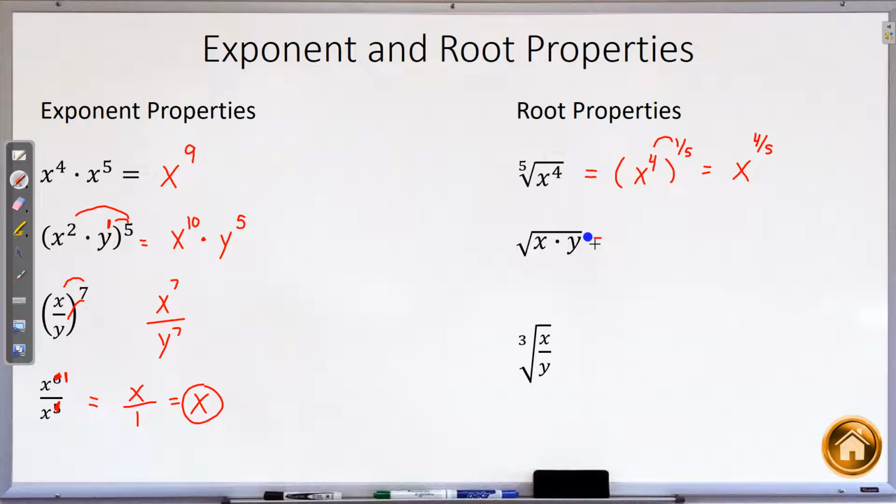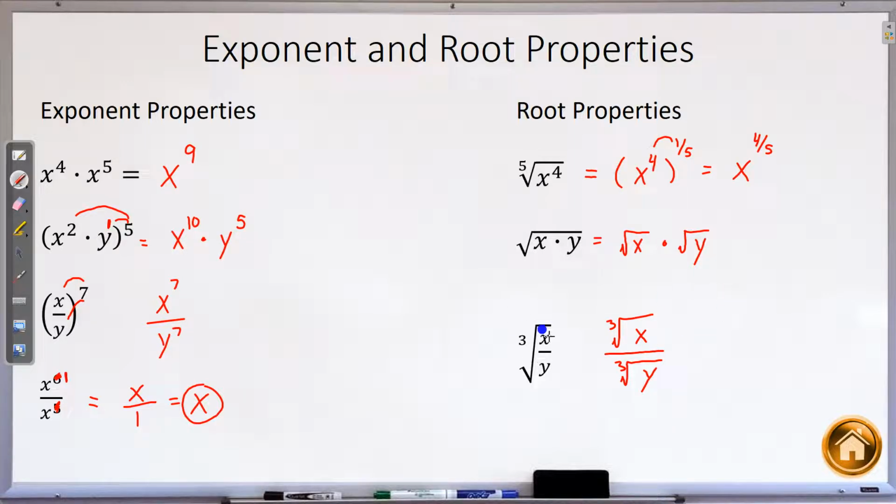Alright, a few other root properties. If you have two numbers or variables inside a square root that are multiplying, you can break up that square root into two square roots that are multiplying. And if they are dividing, you can break that up into two roots. In this case we got a cube root, and make those cube roots divide, x and y.